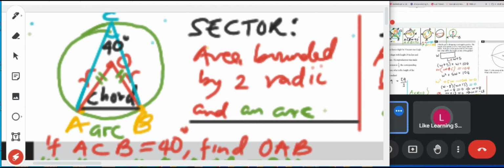Did you hear me? I heard you. So if AOB is equal to 80, the remaining one is 100, and two of them, so that's 50 each. So here is 50, this is 50, and this is already 80, so they all add up to 180.